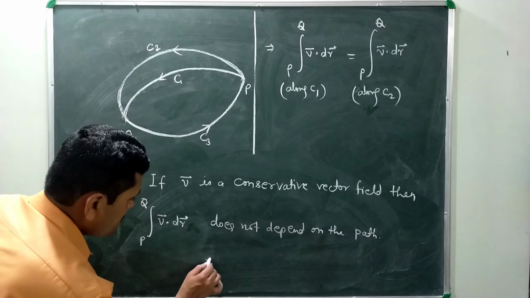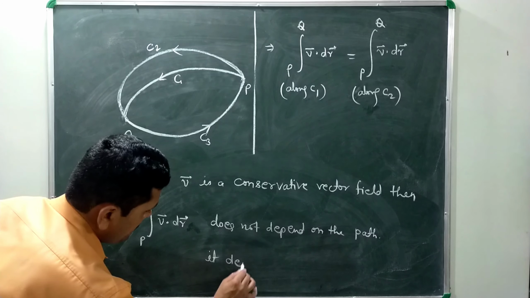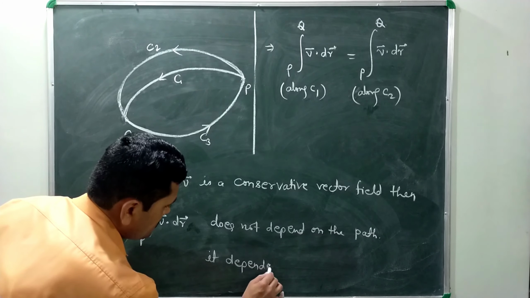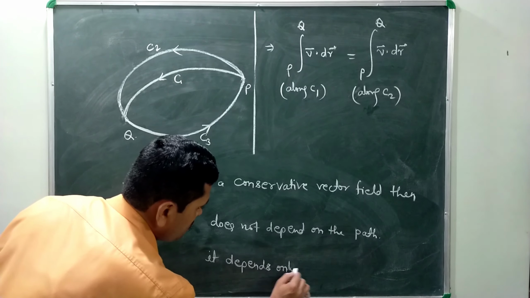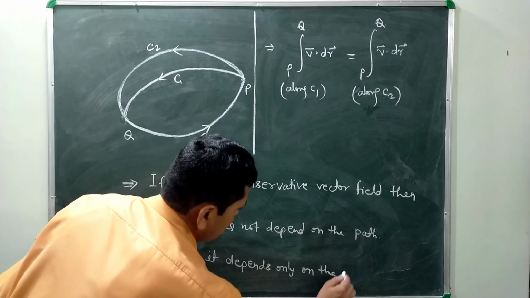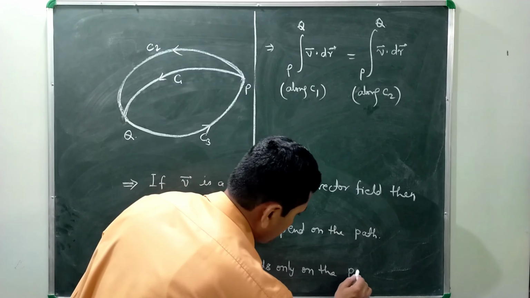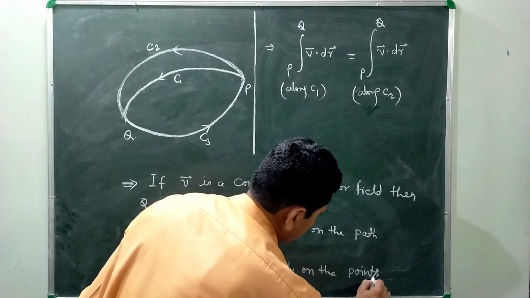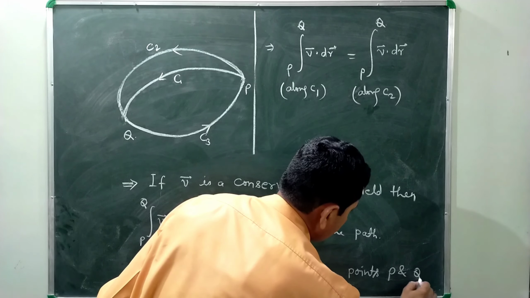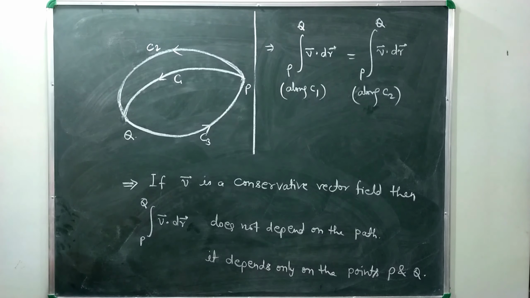It depends only on the points P and Q. So this is the alternative definition of conservative field.